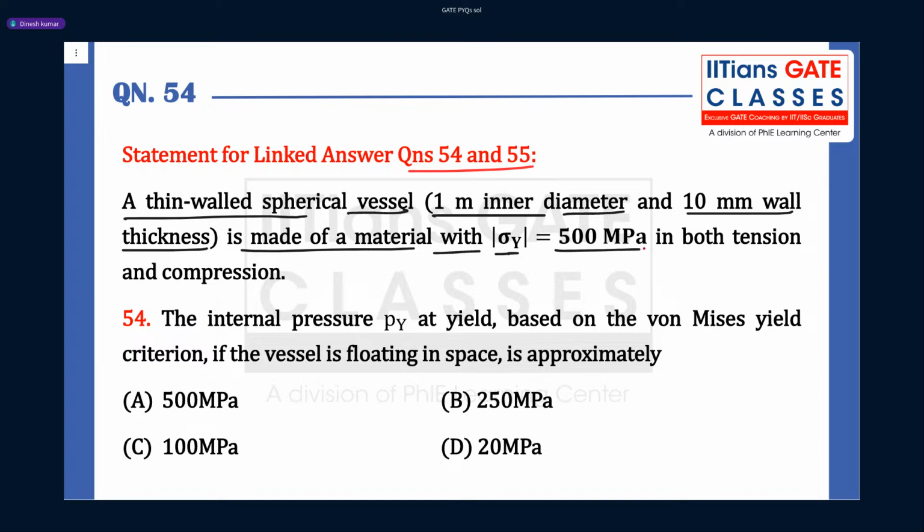Now guys, question number 54 says what? The internal pressure Py at yield, based on the von Mises yield criterion.